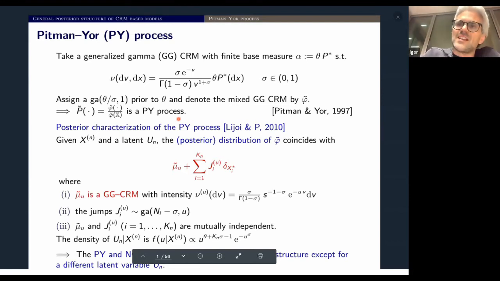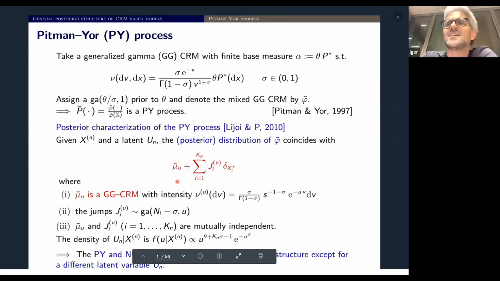Good, so in this case, I have then my Pitman-Yor process. The posterior characterization you can give, resorting to this underlying normalization construction, is exactly the same way as for the normalized random measures. So given your data, given a latent variable un, which in this case will have a certain form, obviously different from the one you get in the generalized gamma case, conditionally on un and on xn, you get again this nice structure.